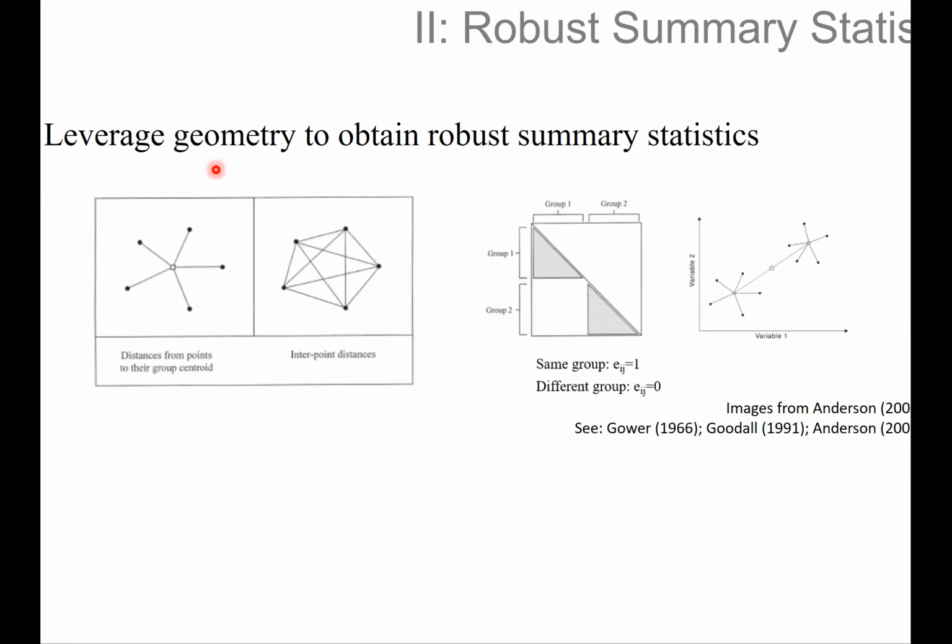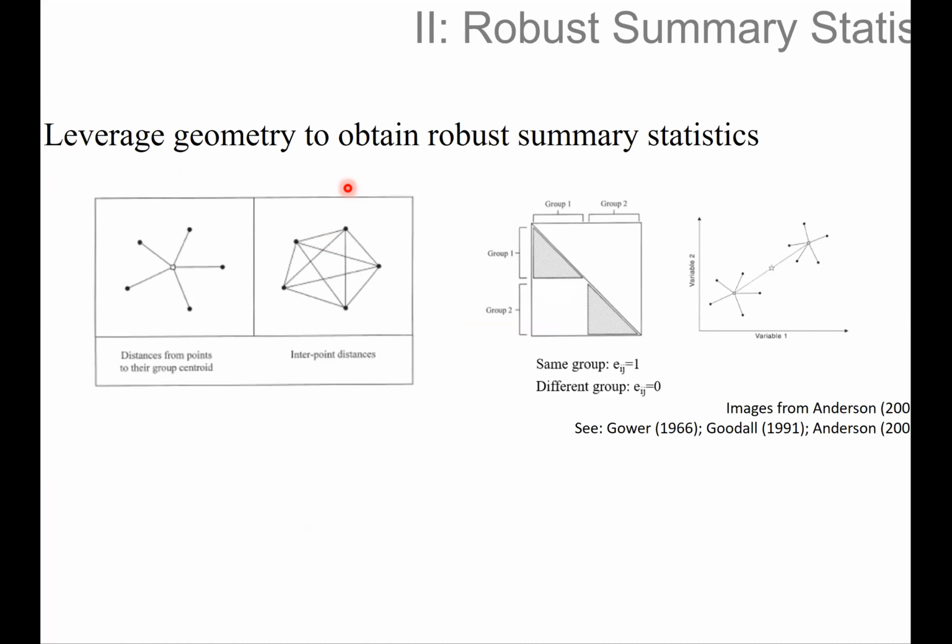What Gower recognized is visually shown here on the left. What you have in this first panel are the distances of each object to the centroid. And if you square those and add them up, you get your sums of squares. And we're used to looking at sums of squares in Anova tables, for example. The right panel of the left figure shows the distances amongst the objects.